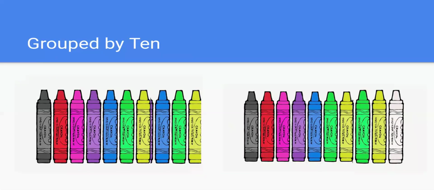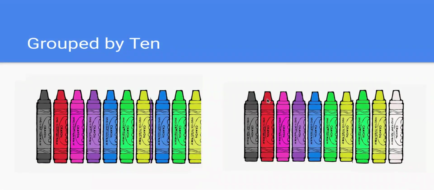What if we grouped them by tens? So if we got 10 crayons and put them in one group, like here on the left side, we have 1, 2, 3, 4, 5, 6, 7, 8, 9, 10. And then we made another group with 10 more.